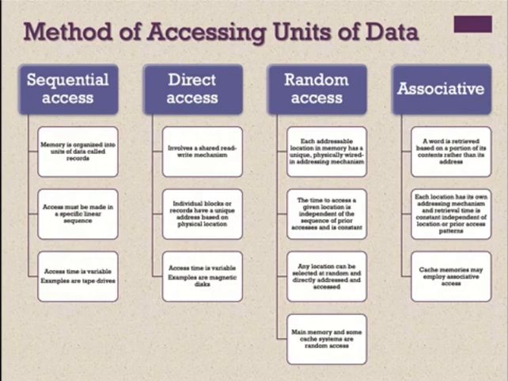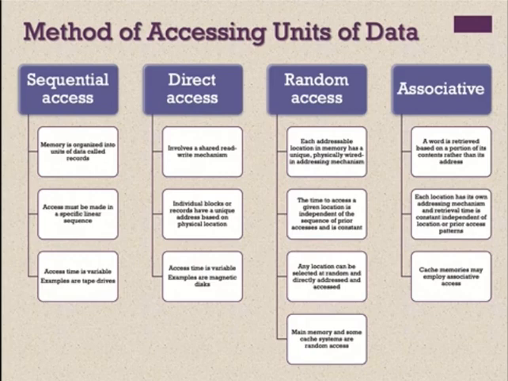Then we have associative. Associative is actually very particular to cache. In cache, we will discuss three different types of mapping. One is direct mapping, one is associative mapping, and one is set associative mapping. And the current technology is using set associative mapping. So that's associative. Here a word is retrieved based on a portion of its contents rather than its address.